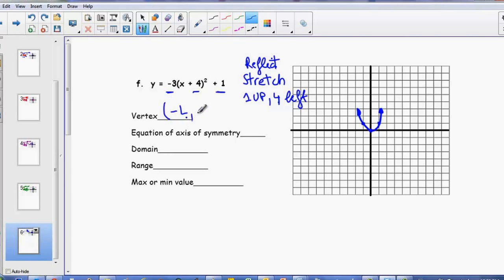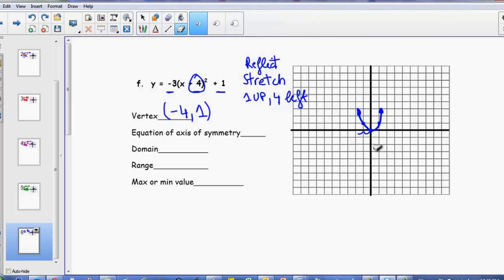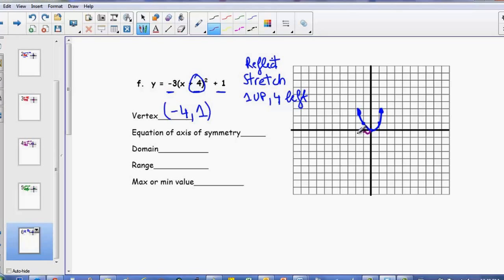So in terms of the vertex, we should find the vertex at negative 4 and 1, since h is negative 4 and the k value is 1. So moving the function 4 units to the left and 1 unit up, we're at negative 4 and positive 1.